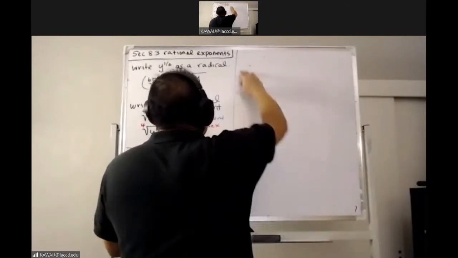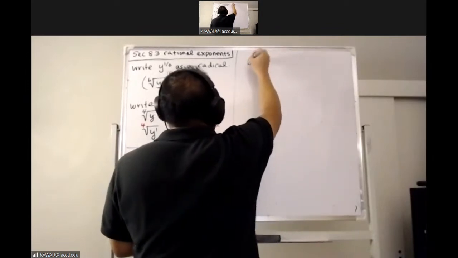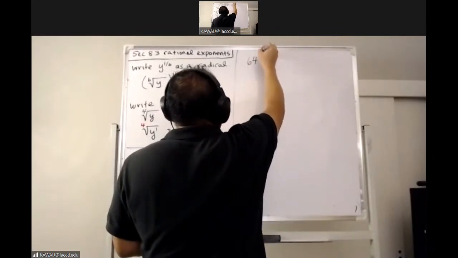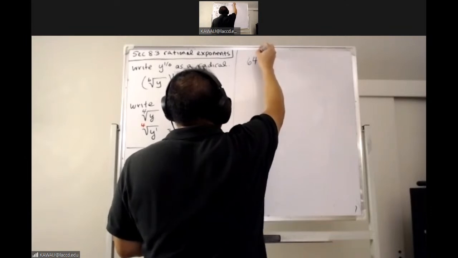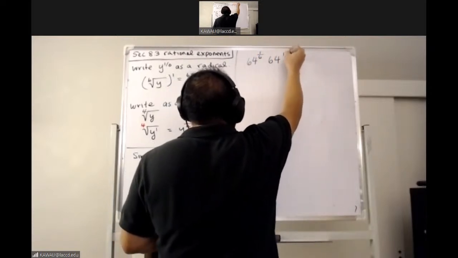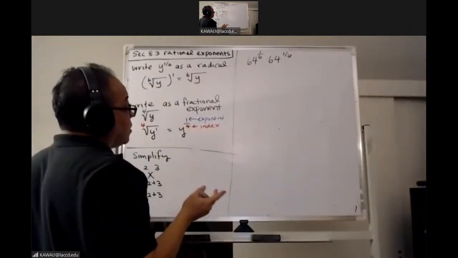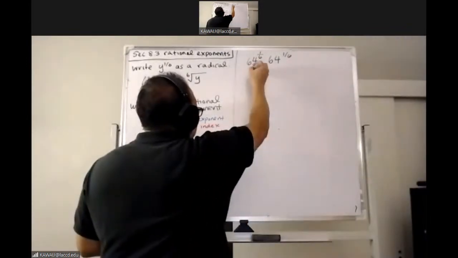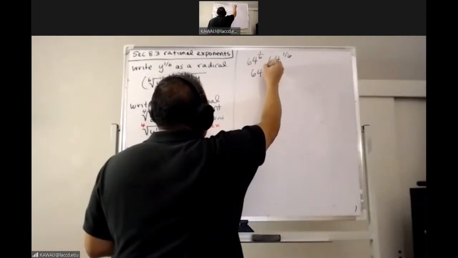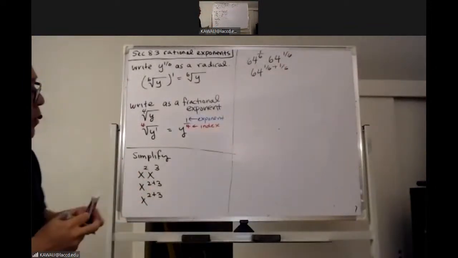So if I have 64 to the 1/6 times 64 to the 1/6, all you're going to do is add the fractions. So go ahead and walk your way through there.